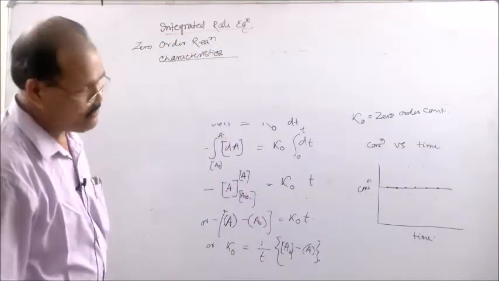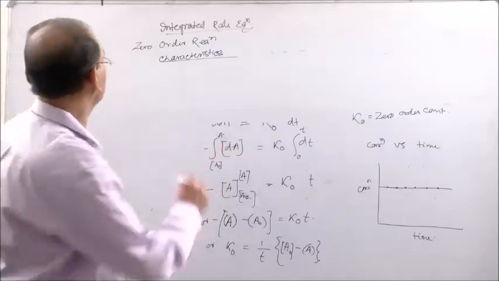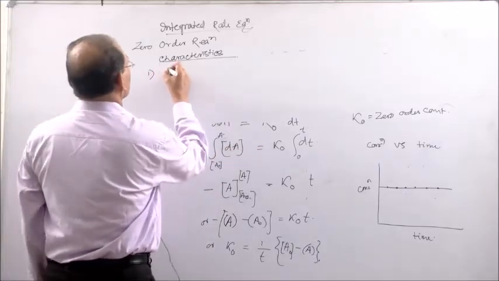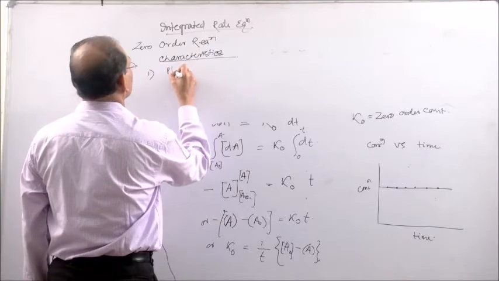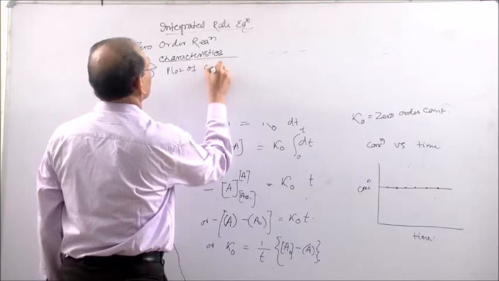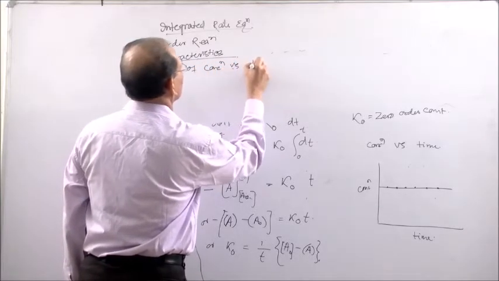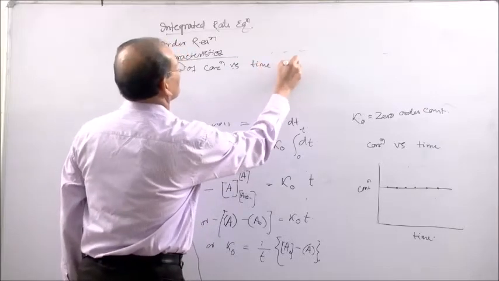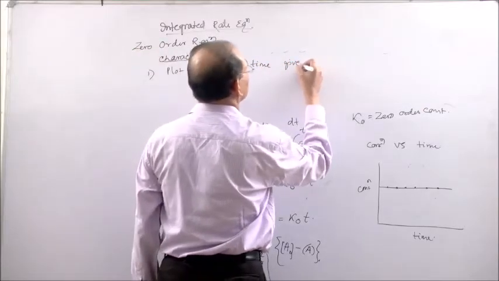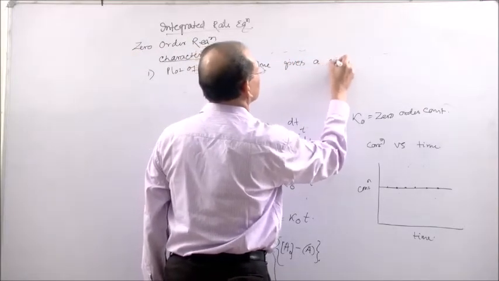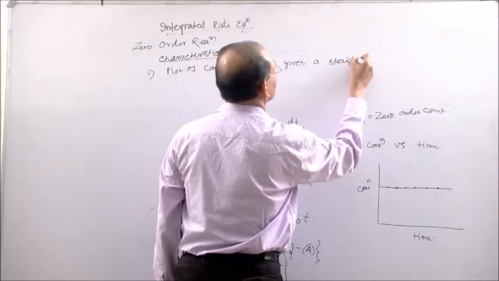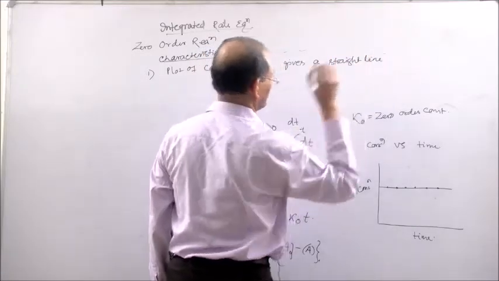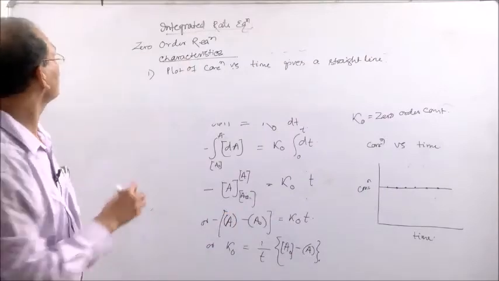As we know, the first point is that the plot of concentration versus time gives a straight line.